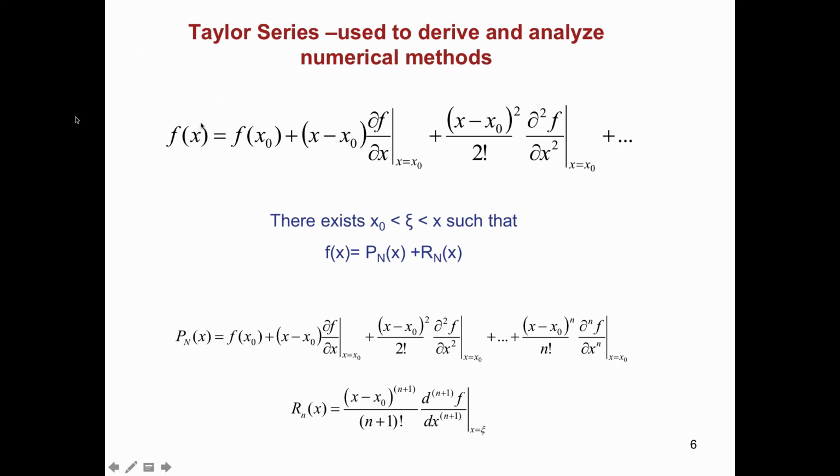So f of x, this is something that I know, f of x0 is typically my starting point. So I'm evaluating function f in some neighborhood of x0. And that's f of x0 plus the difference between the 2 points times the first order derivative evaluated at x equal to x0.